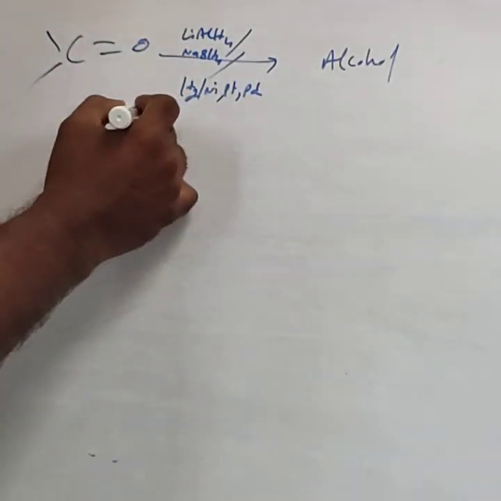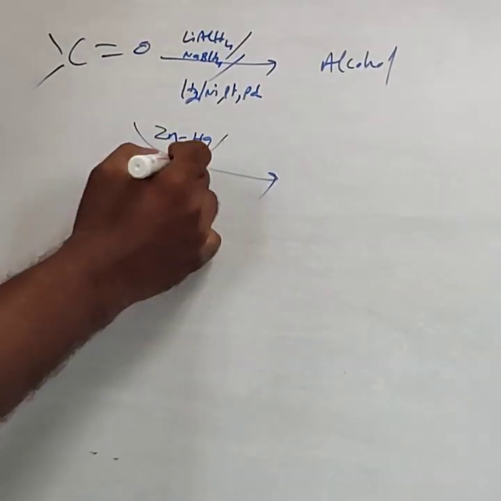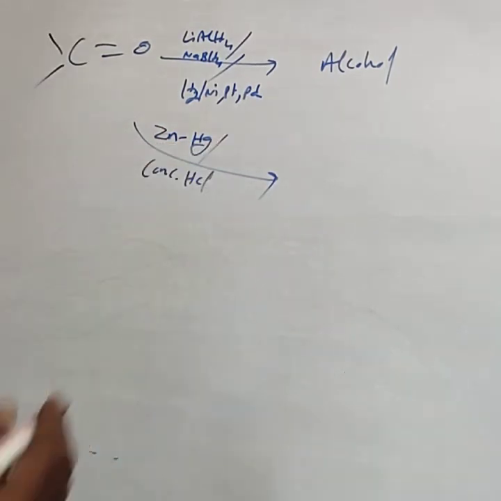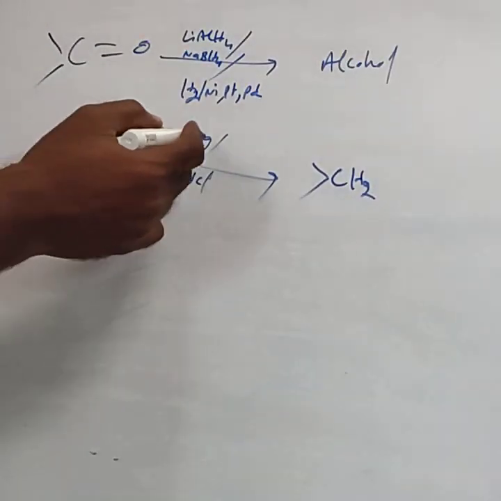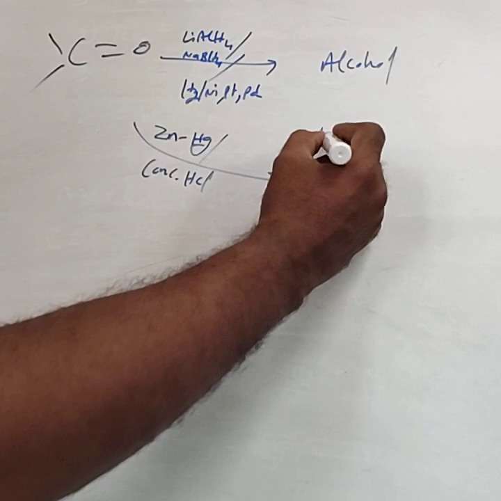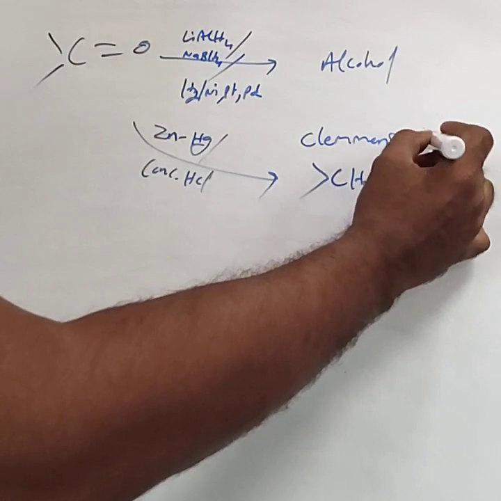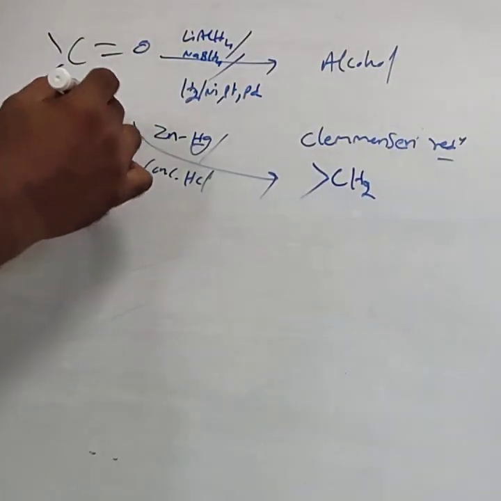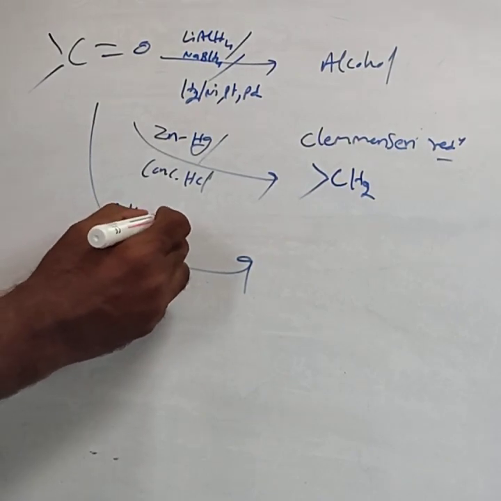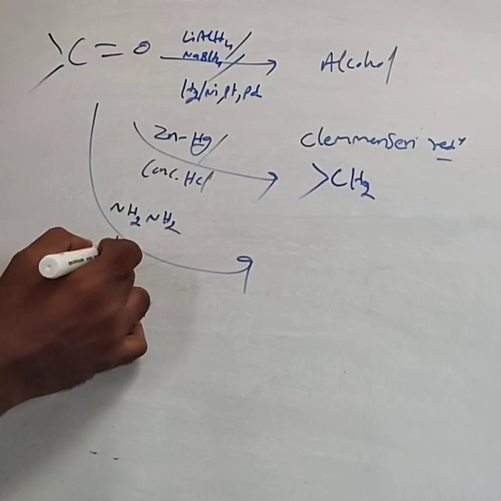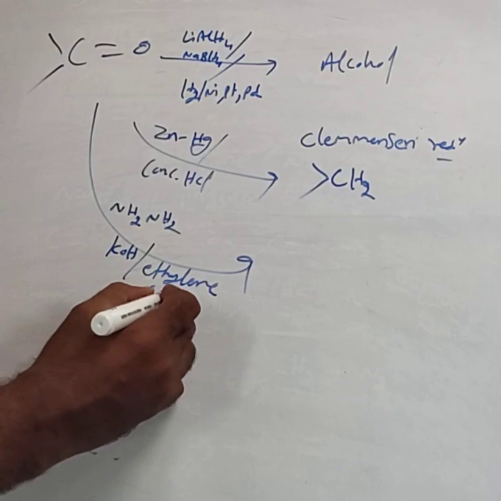The second one, that is zinc amalgam in concentrated HCl. Then the CO group is converted into CH2. If they mention zinc amalgam in concentrated HCl, this is called Clemmensen reduction. Then, first we are treating with hydrazine, NH2NH2, then followed by KOH in the presence of ethylene glycol.